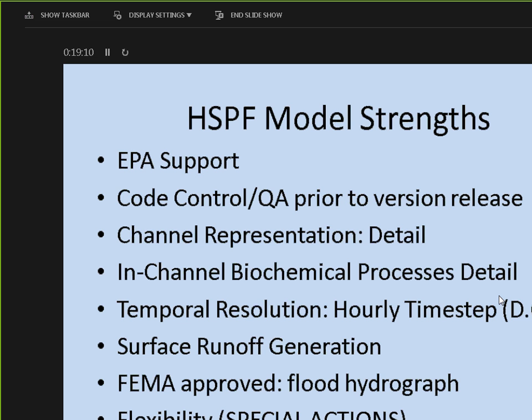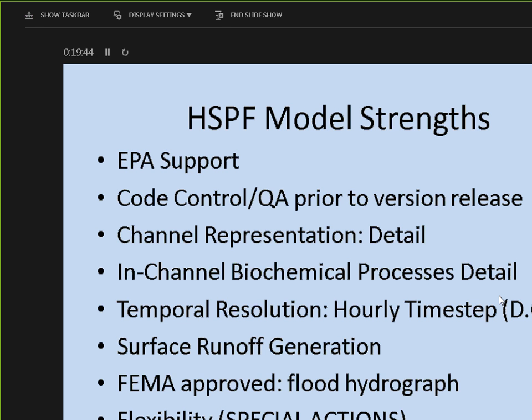And HSPF is very defensible. It's been used, like I said, in the Chesapeake Bay TMDL. USDA sued EPA, and as part of that lawsuit, they claimed that HSPF doesn't do what EPA says it does. After a couple of years with third-party lawyers and university professors going through the code and the application, the judge ruled in favor of EPA and said HSPF does do what EPA says it does.